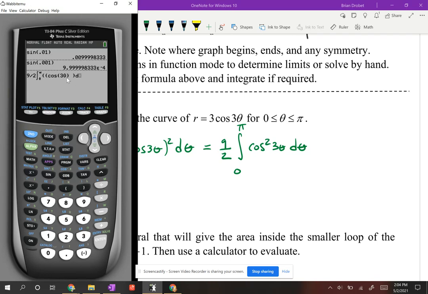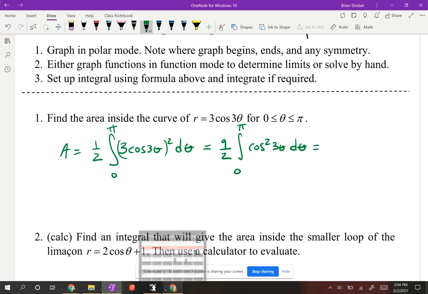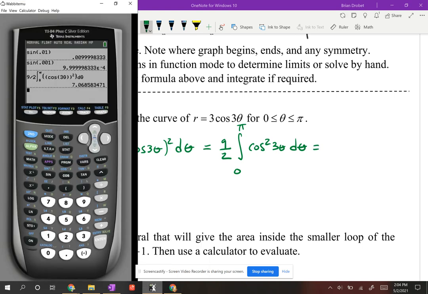And it's putting thetas because I'm in radian mode. I'm in polar mode, which is totally fine. That doesn't matter. Integral with respect to theta. Even if I was in function mode and I was typing in x's, it would be exactly the same thing. So that should be good. Hit enter. And we're going to get, what is that, 7.0685.